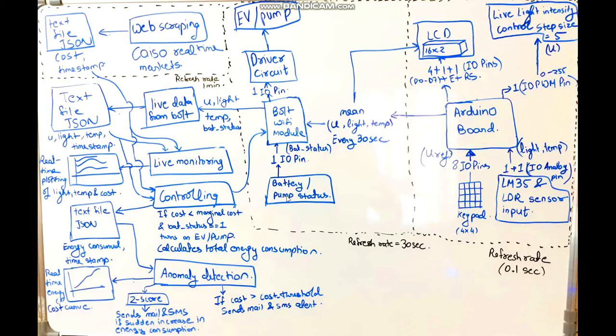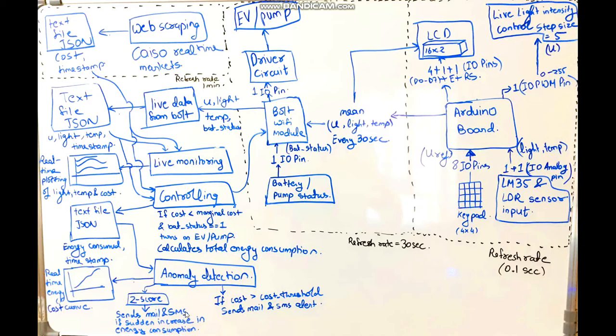Or let's say the battery or pump was inactive for some time, and suddenly the cost reduces, and the controlling script sends the value to the Bolt Wi-Fi module, which actuates the electric vehicle charging. Then the energy will suddenly rise. As the electric vehicle and pumps are heavy power equipment, the z-score will detect that and send a mail and SMS that the energy has suddenly increased, so have a look at what appliances are working.